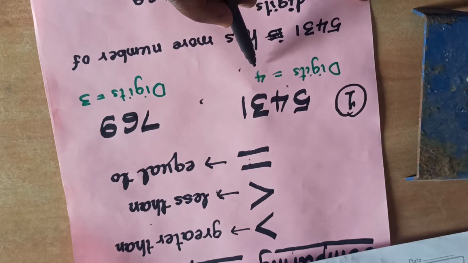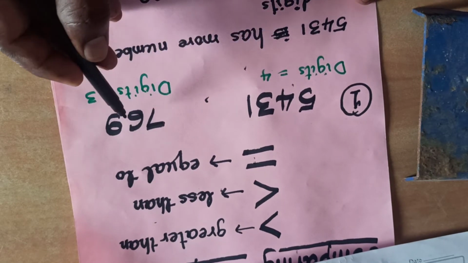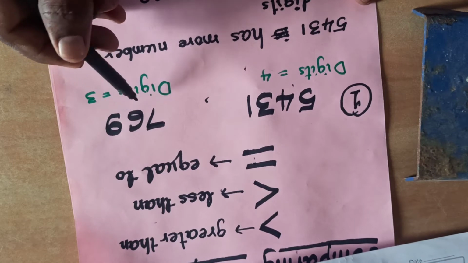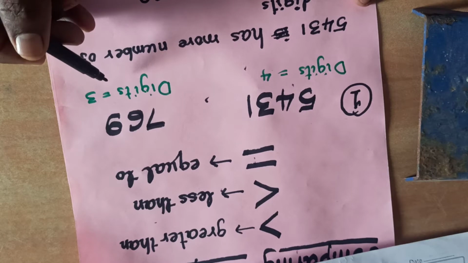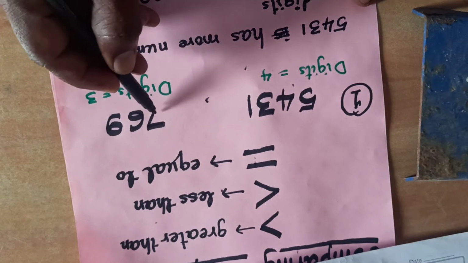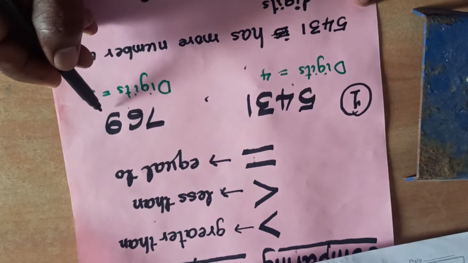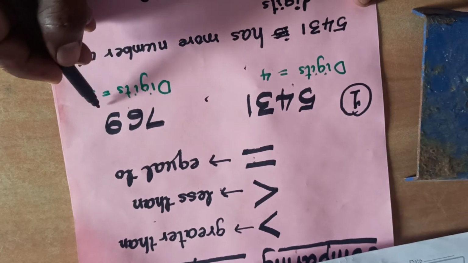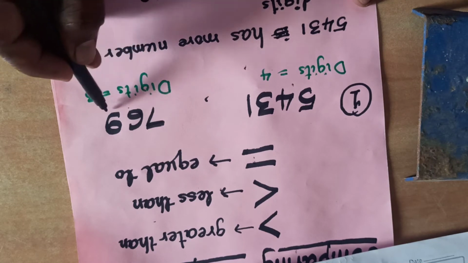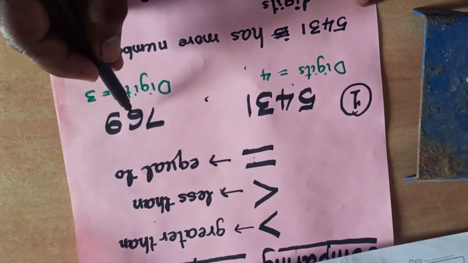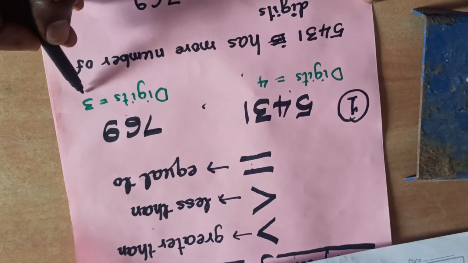For comparison, we need one more number. Okay, 769. In this number, how many digits are there? 1, 2, 3. There are 3 digits in this number.